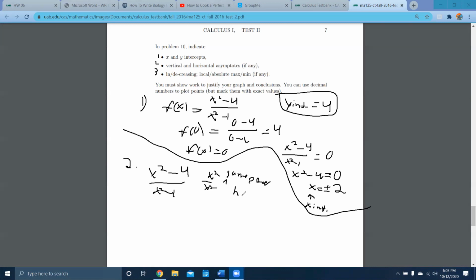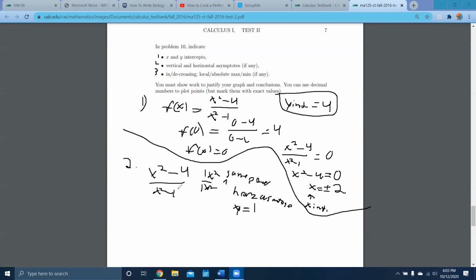So there's a horizontal asymptote at y equals 1. And the reason is it's the coefficients. You got 1 over 1 here. So y equals 1 is a horizontal asymptote.